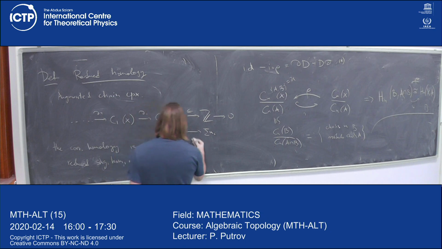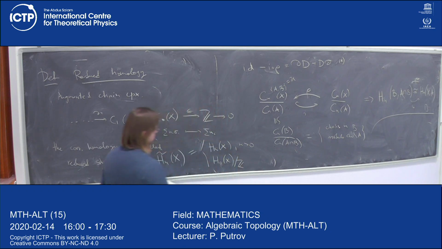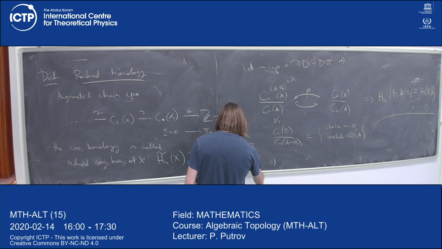So it's the same as the usual homology for n greater than 0, and for 0 this is the same as H0 of X divided by Z. So this is the same as the example of homology for a point.